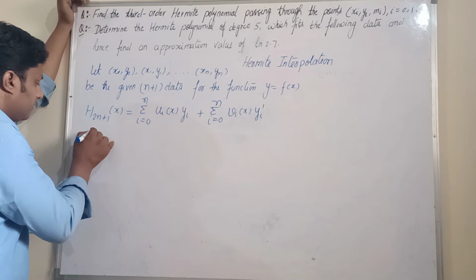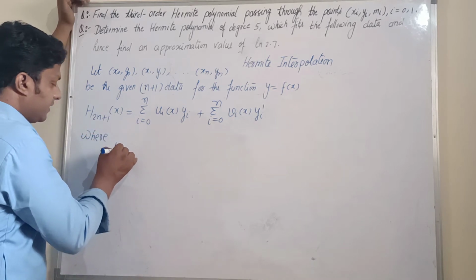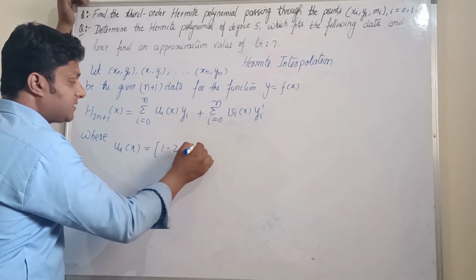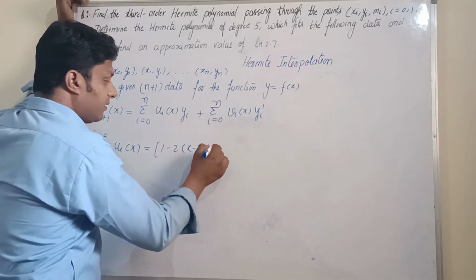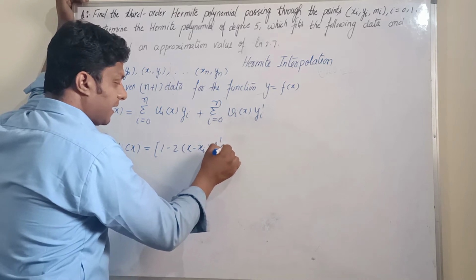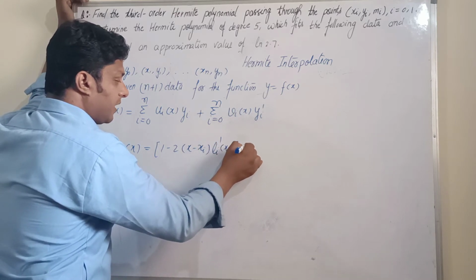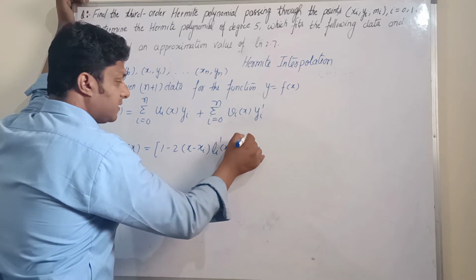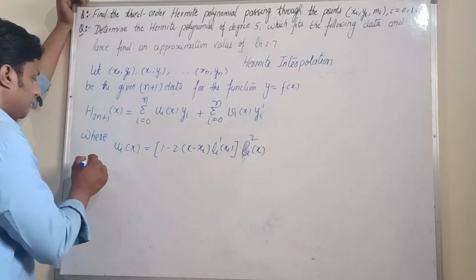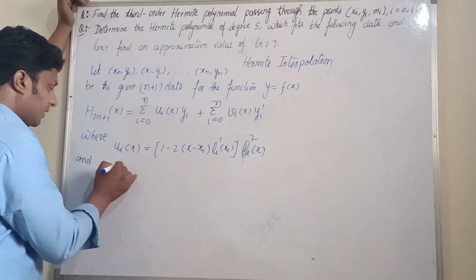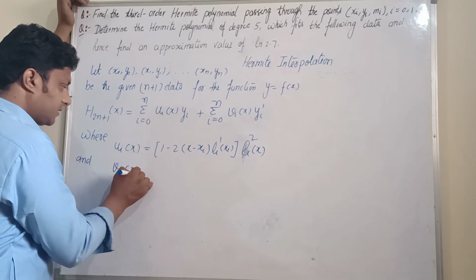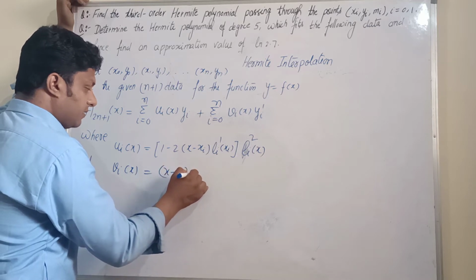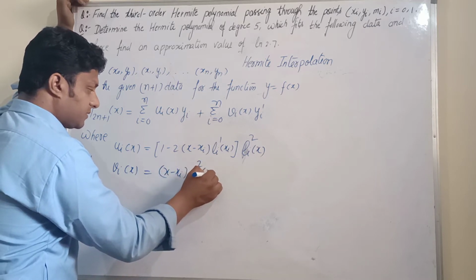Here u_i(x) is nothing but 1 minus 2 times (x minus x_i) l_i'(x_i), times l_i(x) square, and v_i(x) equals (x minus x_i) l_i square(x).